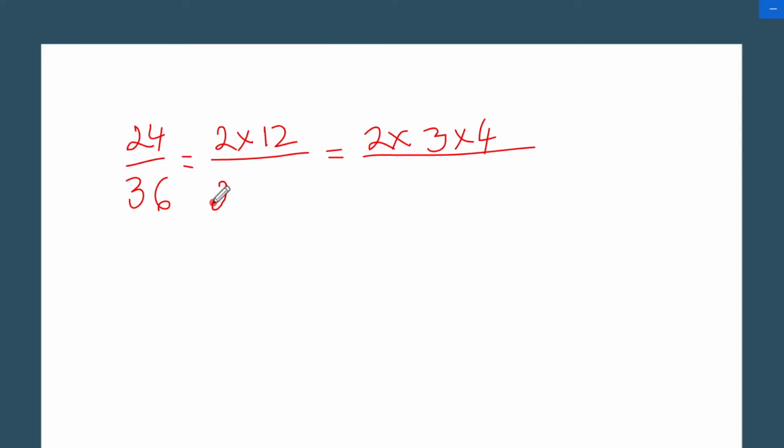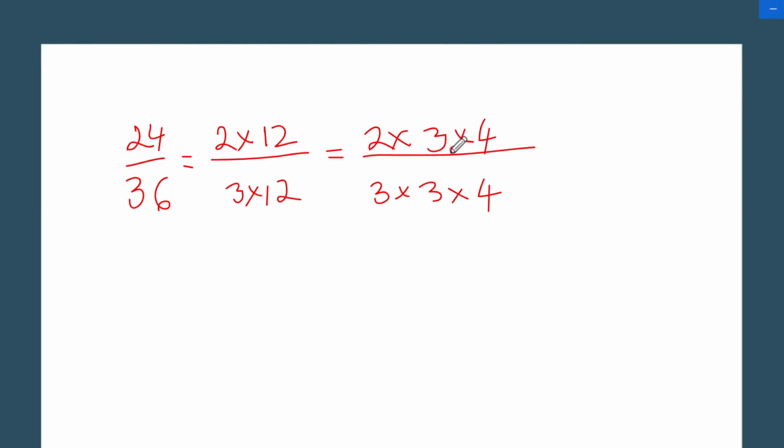I would say it does divide by 2 and it gives you 18, or how else can you write 36? 3 times 12. And then the 12 here, you can write as 3 times 4. So basically I wrote it in smaller and smaller factors. I could also write this 4 as 2 times 2.